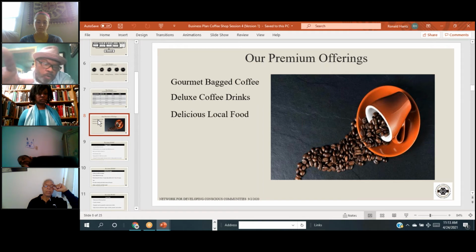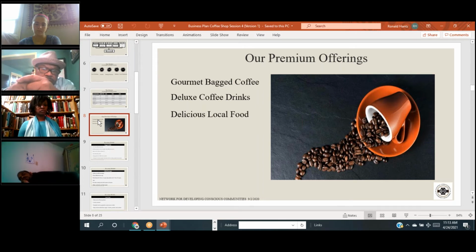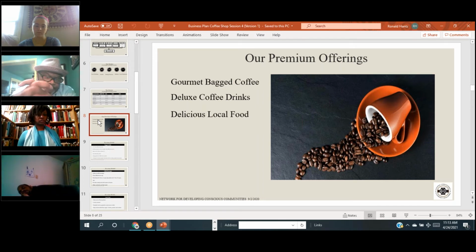And you as well need to look at what you are going to be offering your customers in terms of your product or service line. This particular coffee shop said that they're going to sell bagged coffee. So they're grinding it up and selling gourmet bags of coffee. They're going to sell a variety of different coffee drinks. And then they're also going to supplement their offerings with some food items.